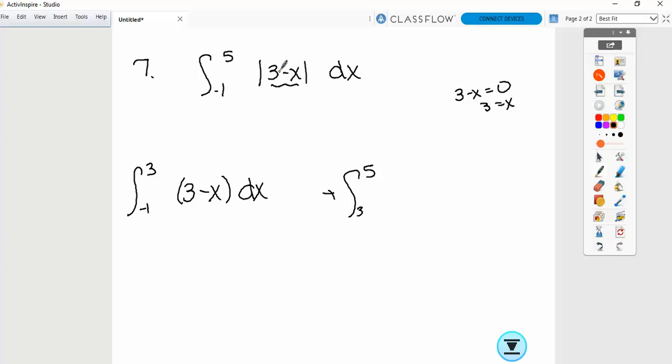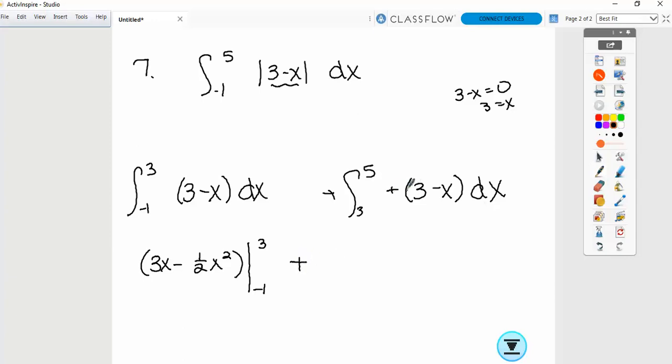If we put in something between 3 and 5, so if we put in a 5, 3 minus 5 is negative, so the absolute value does the opposite of that. So then we do our antiderivative of each. So the antiderivative of 3 is 3x minus antiderivative of x is 1/2 x squared. And we're evaluating from negative 1 to 3.